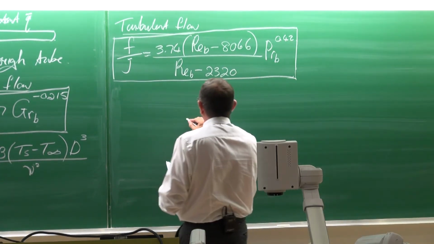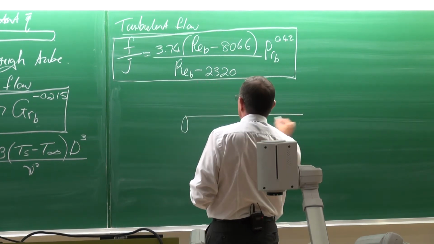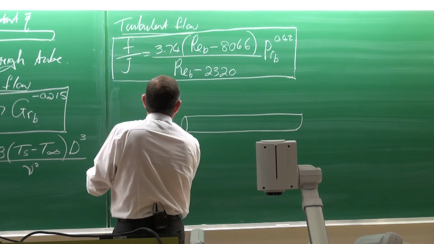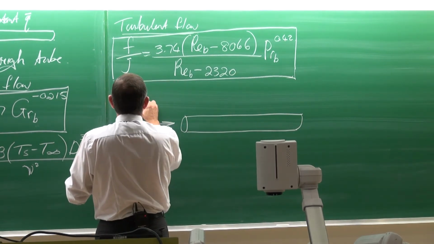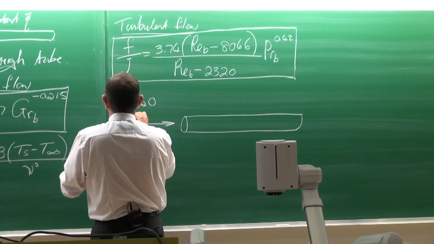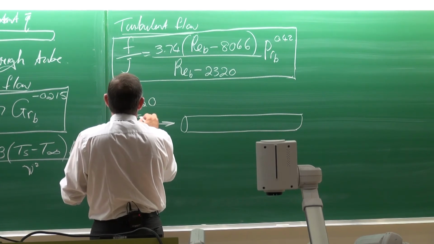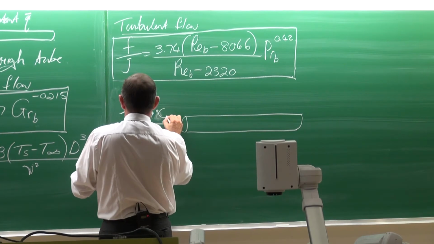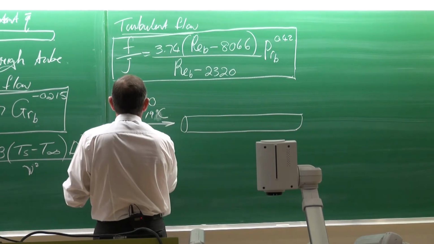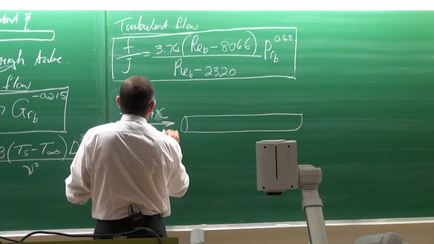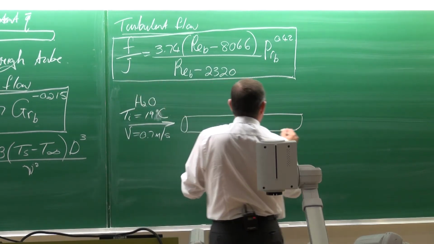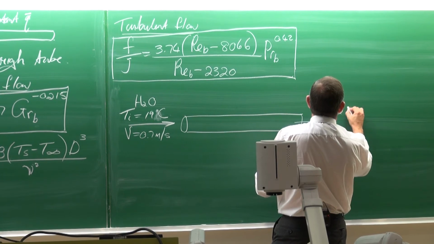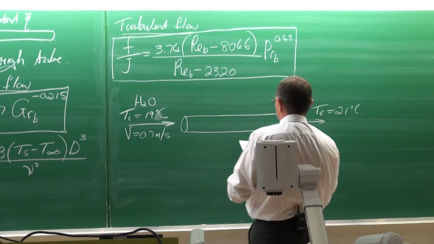Let's do an example. This example is going to be flow through a tube. It's going to be water at an inlet temperature of 19 degrees Celsius. The velocity is 0.7 meters per second. The outlet temperature is equal to 21 degrees Celsius.